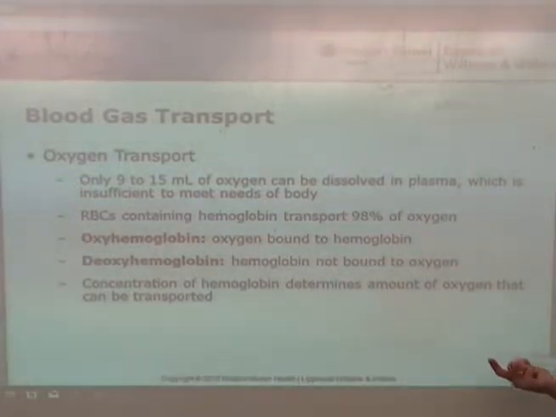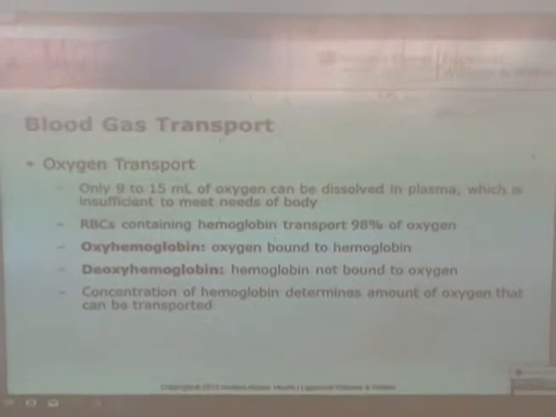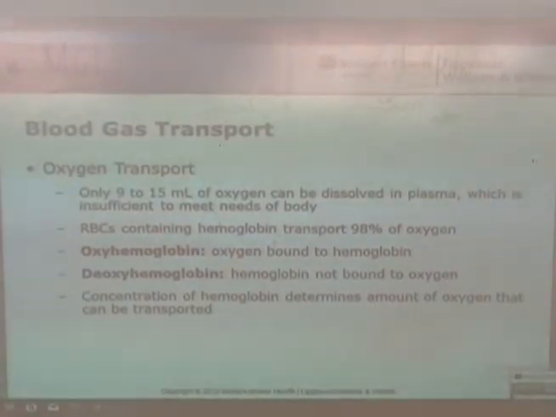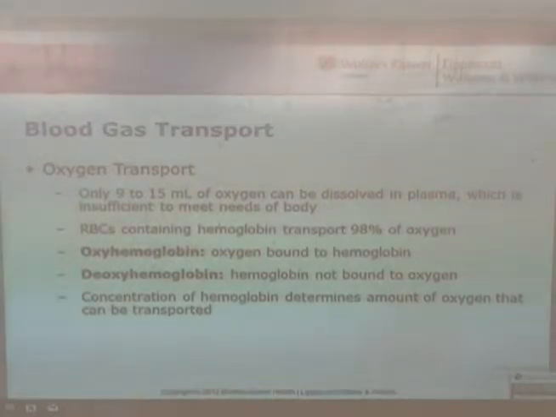If we look at anemia, it's going to be because of either a deficiency in the red blood cells, which can happen if there's something wrong with the bone marrow in the long bones for adults.